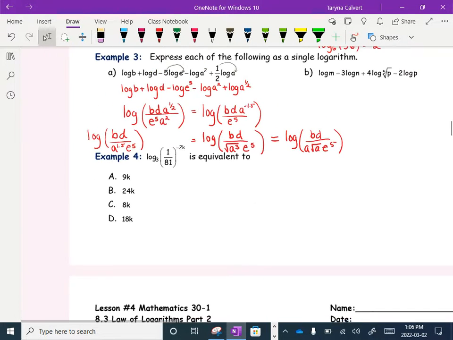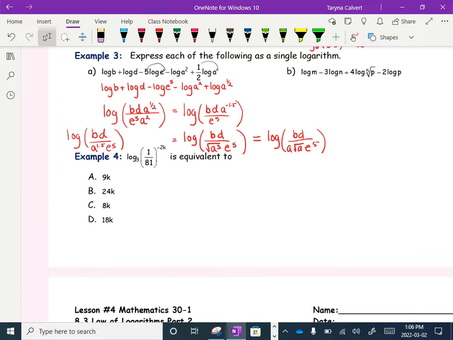Okay. So the biggest part, guys, with this log chapter is there's so many different ways to write the same thing that you have to be able to wrap your brain around all the different ways, because you never know. I would say this last form here is the simplest form, but all three of them are single logarithms, right? So to me, you would get full credit for all of them.